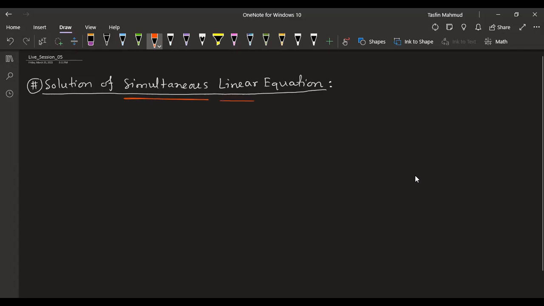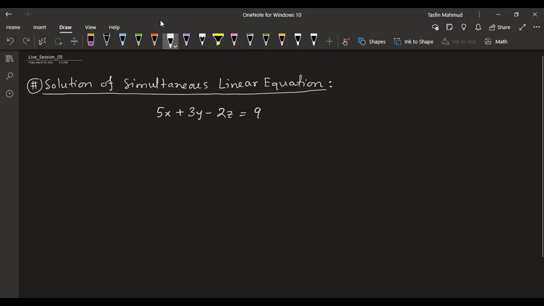Linear means the order of the unknowns is a maximum of 1. So let's assume we have a set of equations that looks like this: 5x plus 3y minus 2z equals 9. This is one equation. We have three unknowns here, right? We have x, y, and z.